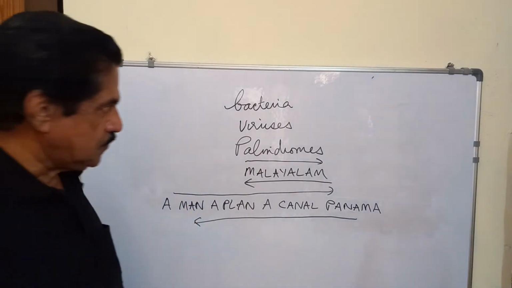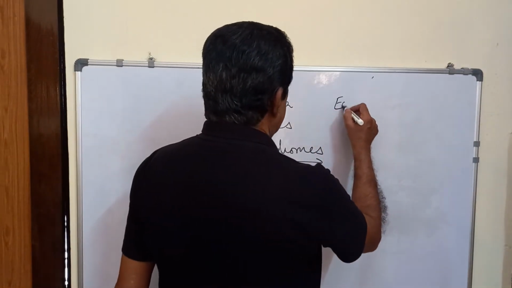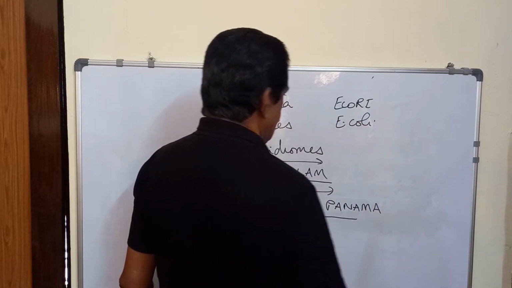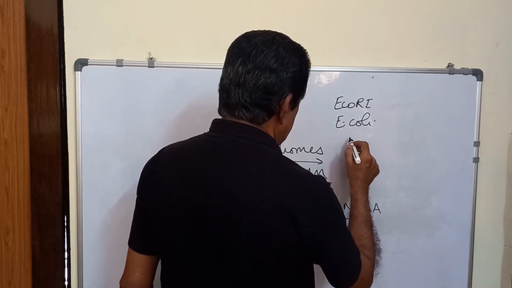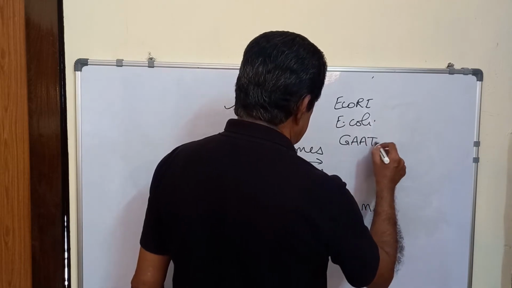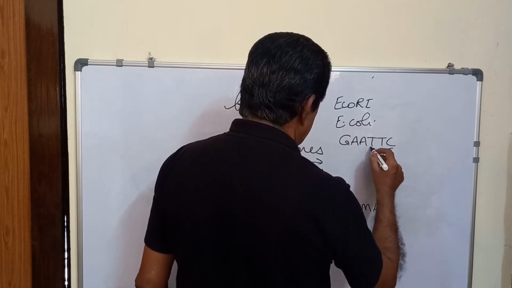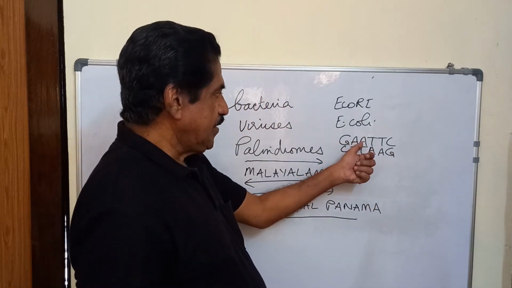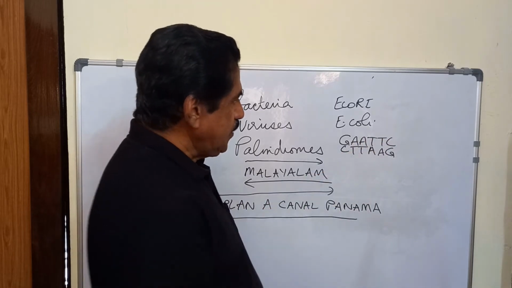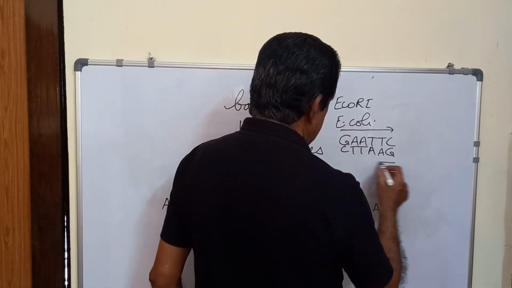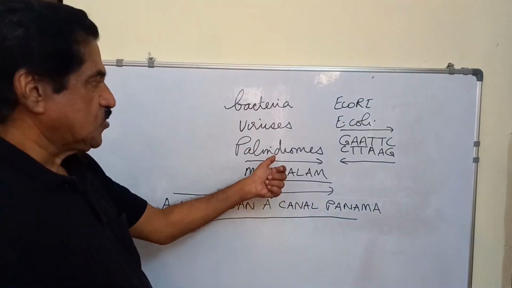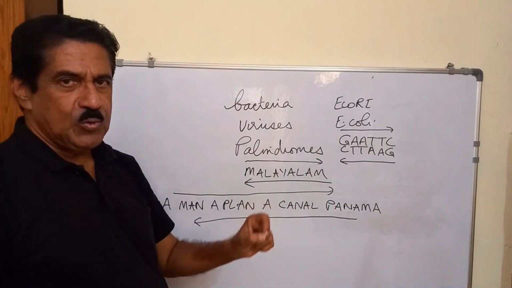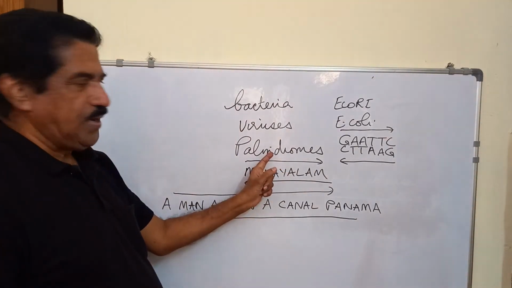I'll give you an example. EcoRI is a restriction endonuclease present in E. coli that cuts the DNA at the sequence GAATTC. Guanine, adenine, adenine, thymine, thymine, cytosine. See, you can read this in both directions. That is why it is called a palindrome. So all the sites where restriction endonuclease cut DNA are palindromes.